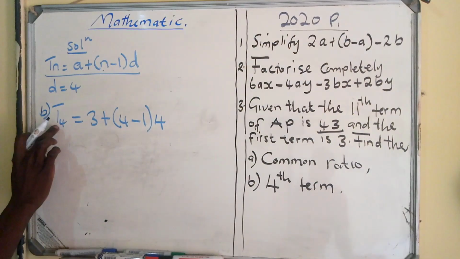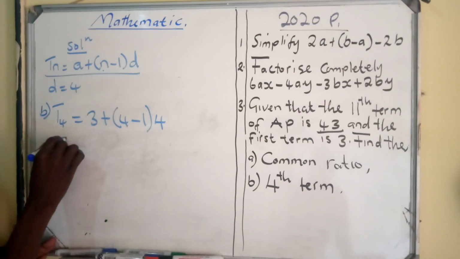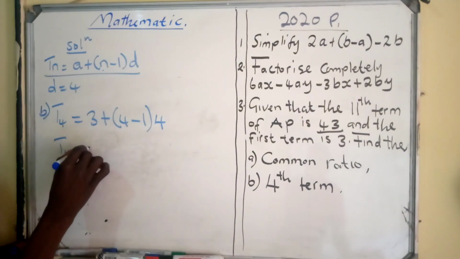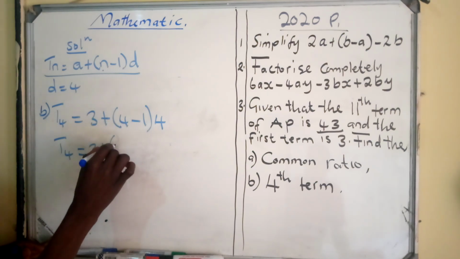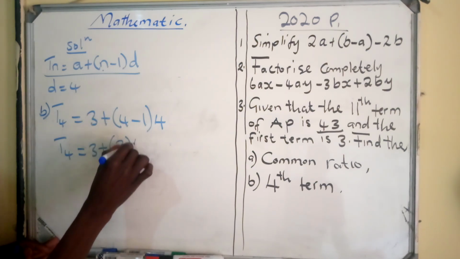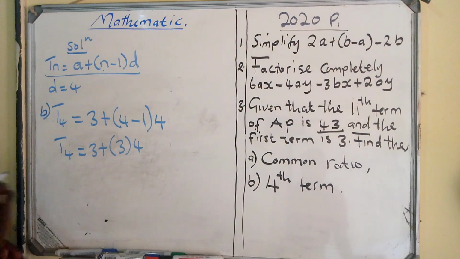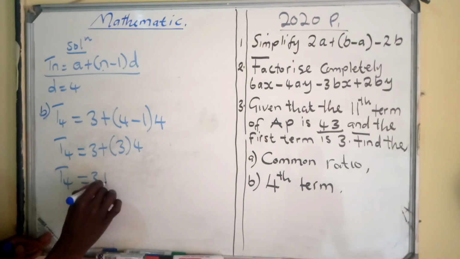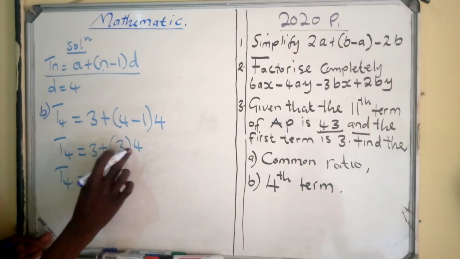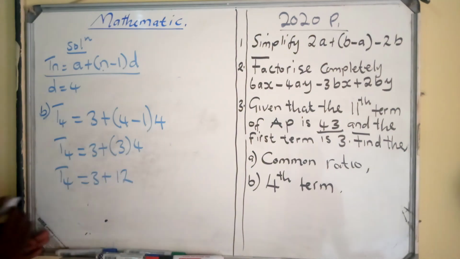So we're finding the fourth term. Our fourth term therefore will be 3 plus, in the bracket 4 minus 1, we're going to have 3, and then outside 4. It means the 4 is multiplying the 3 in the bracket. So our fourth term will be 3 plus 4 multiplied by 3, we're going to have 12.